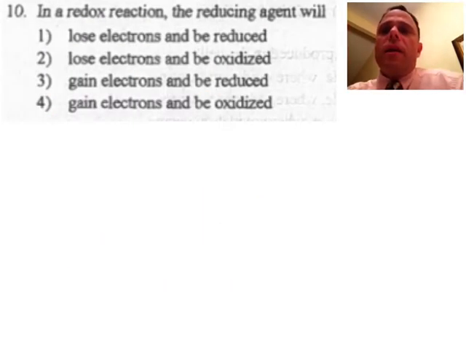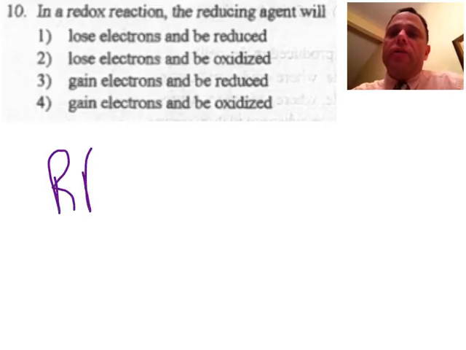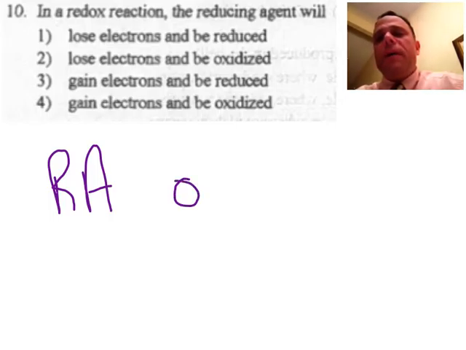Alright, number 10. In a redox reaction, the reducing agent. Now, please refer back to the last slide, because on that slide we recognized the reducing agent must be the substance on the reactant side that is being oxidized.